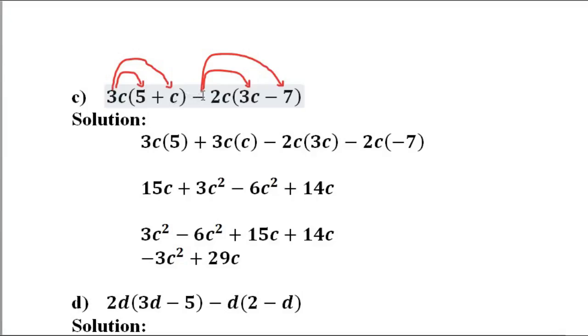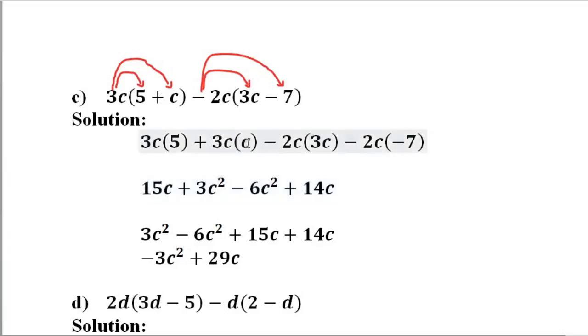And then we can distribute the negative 2c to the positive 3c and to the negative 7. That gives us positive 3c times positive 5, positive 3c times positive c, negative 2c times positive 3c, negative 2c times negative 7.